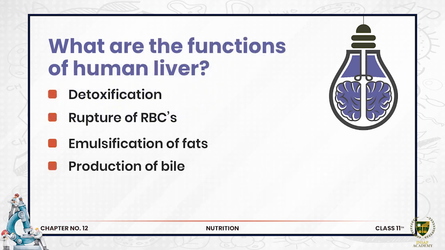Question number 2. What are the functions of human liver? So liver acts as central metabolic station. Liver acts as a central clearing house. It produces bile, which is involved in emulsification. Liver converts toxic substances like ammonia into less toxic substance like urea through urea cycle.